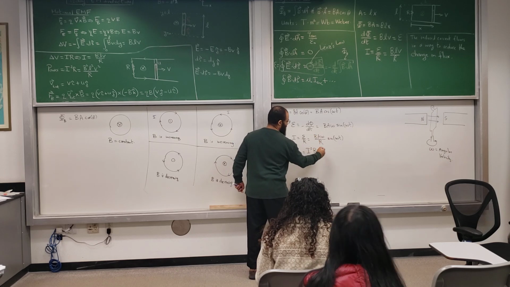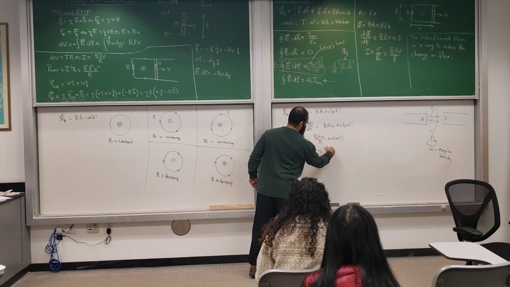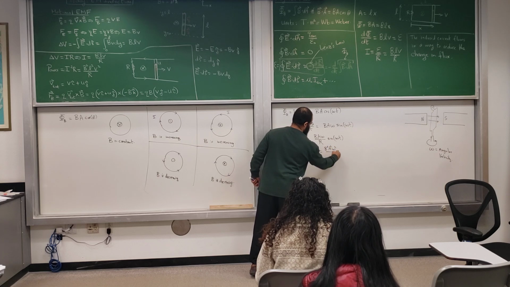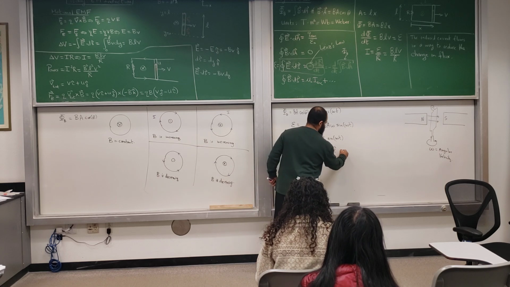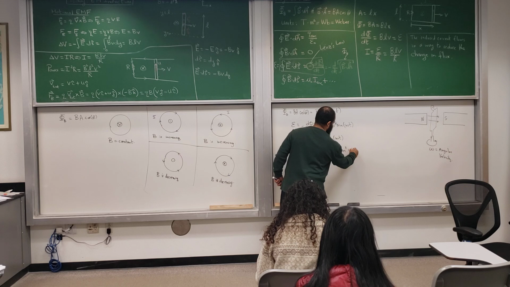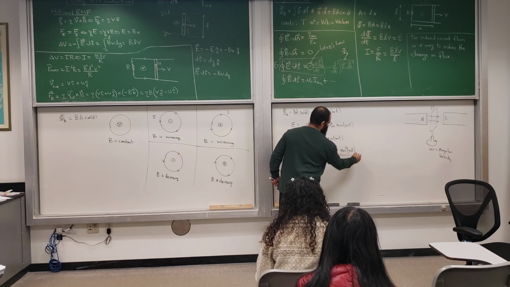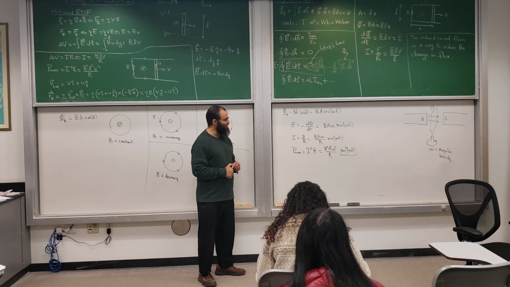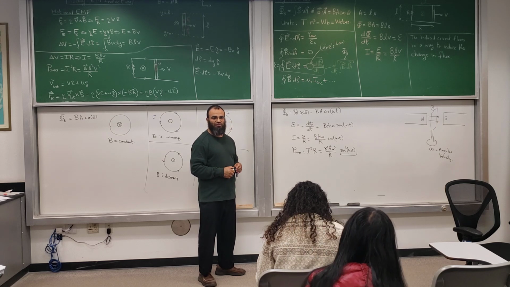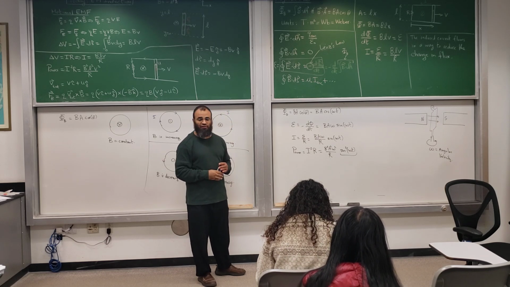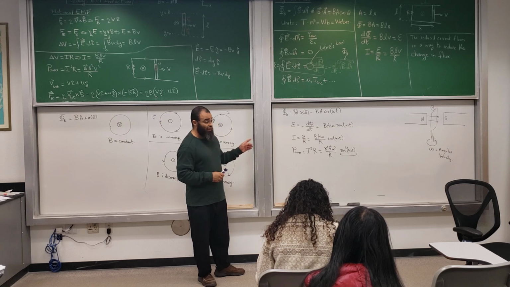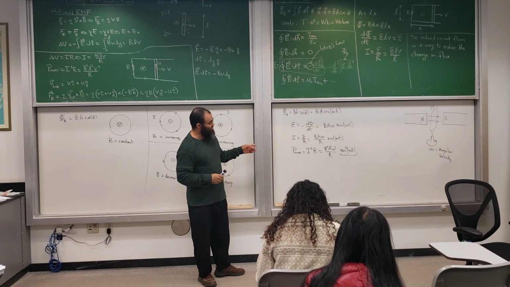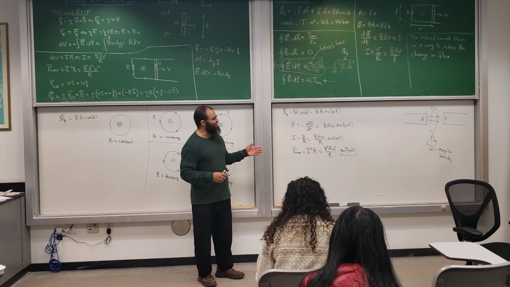If you square this and multiply by R, you get B squared, A squared, omega squared over R, and then sine squared of omega t. Now this average is not 0. The average of sine squared is not 0. It's a half over a cycle. So the power is not 0, which makes sense.